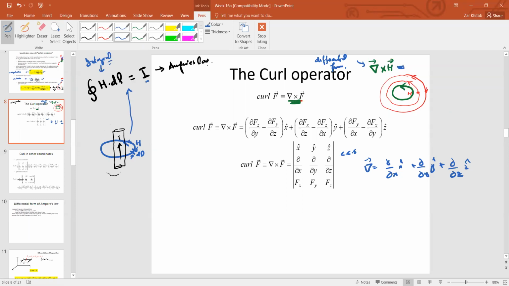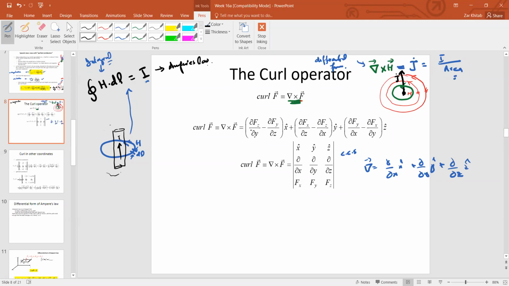So this curl of H is going to give you J, the current density, which is I divided by area. So the number of loops or revolutions per unit area is the curl operator. Remember, the unit of the curl operator is revolutions per unit area. So this is going to give you the current density, the J parameter.